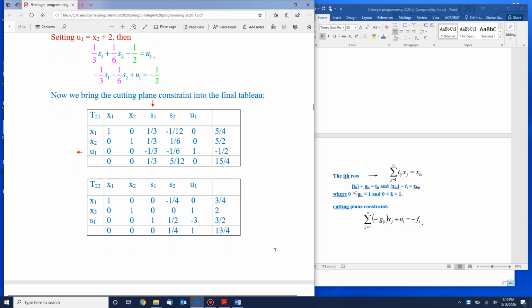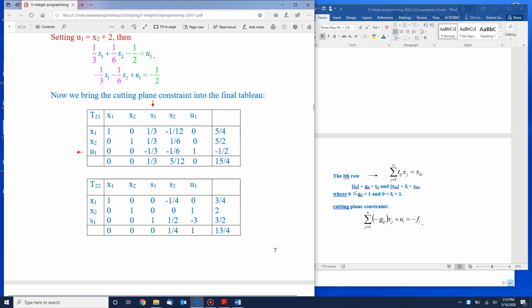Okay, now from T22, we are going to work on x1. But when we see this tableau, you can see the fractional part of x1 is 3/4, and the fractional part of s1 is 1/2. Here you may work directly on x1 by choosing row 1 as the first constraint, right?